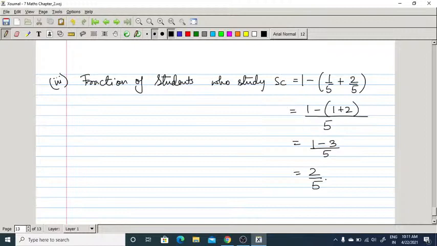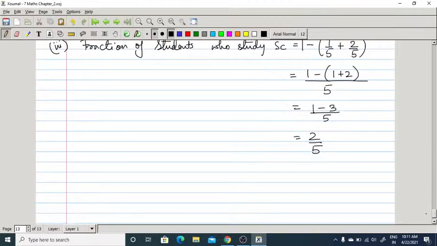If you have to find out the number of students, then by simply multiplying this with 40, you will get the correct number of students who study science. But the question is not asking for it, so we will not waste our time in unnecessary calculation. So what are the three answers that we got? Number 1 was 8 students for English.